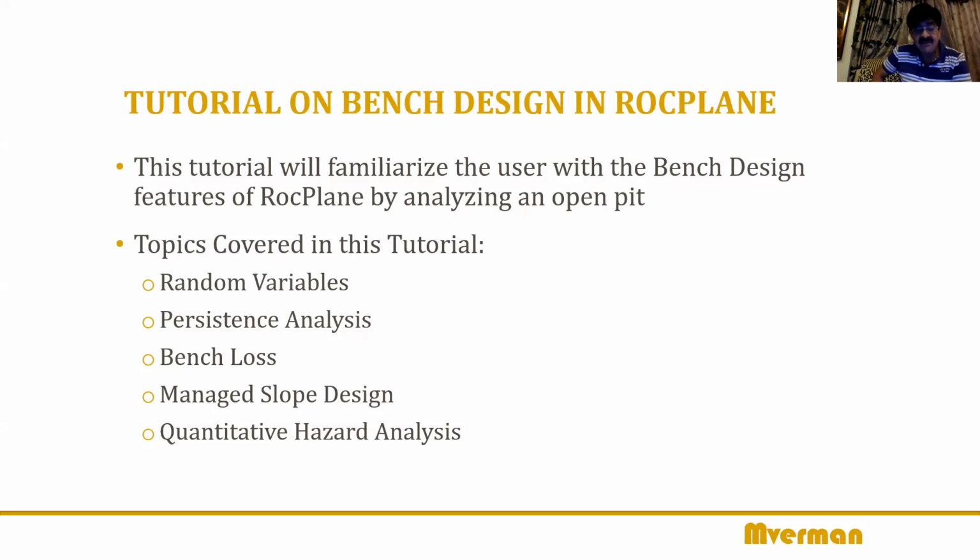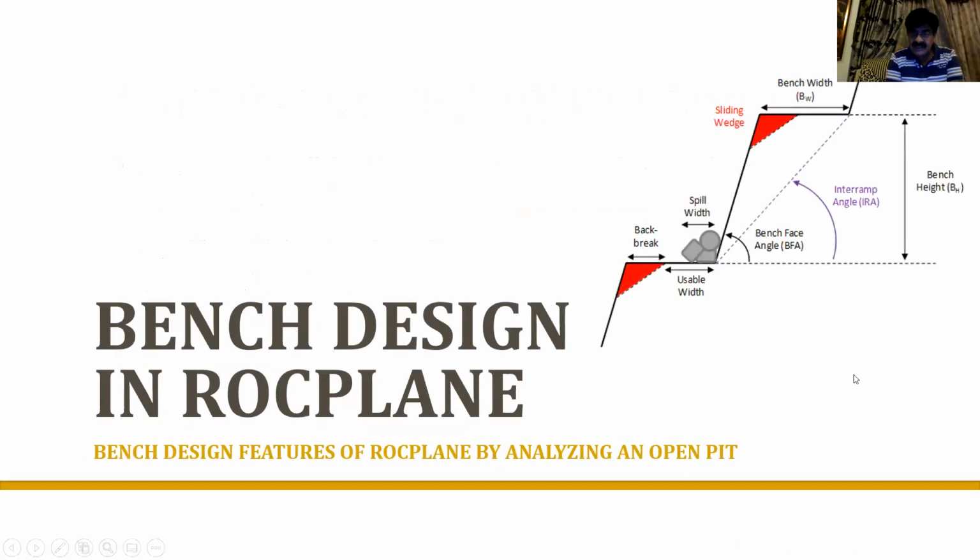Bench loss. Yesterday we mentioned it slightly. When you have a bench like this, if I go back to that picture, although we come back, the red portion, the edge, the crest of the benches, is likely to give way over a period of time. And this tumbles here.